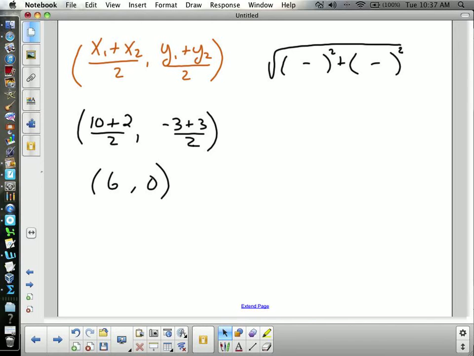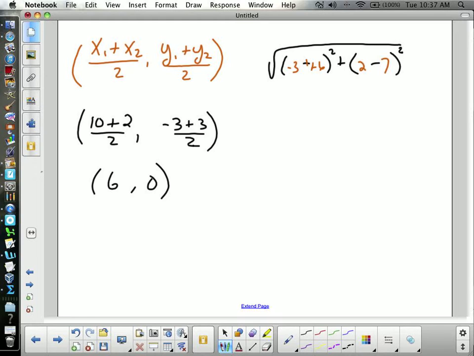Distance formula for the next one between A and B, it was -3, 2 and -6, 7. So -3 and 2, -6 and 7. Why do I do the formula first and then put the numbers in? Because we so often get that minus and negative sign situation. And if you just kind of do it all at once, you're going to lose a negative sign somewhere, and it's going to mess you up.